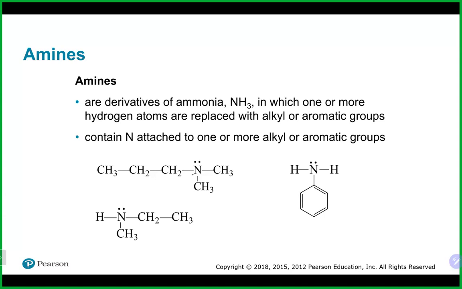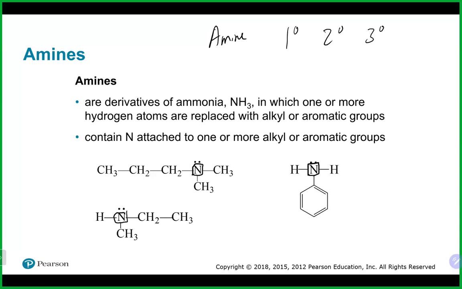We have a nitrogen here, a nitrogen here as well, and a nitrogen here. Now, just like we could do with carbons and with alcohols, we do have primary, secondary, and tertiary amines. Why not, right?